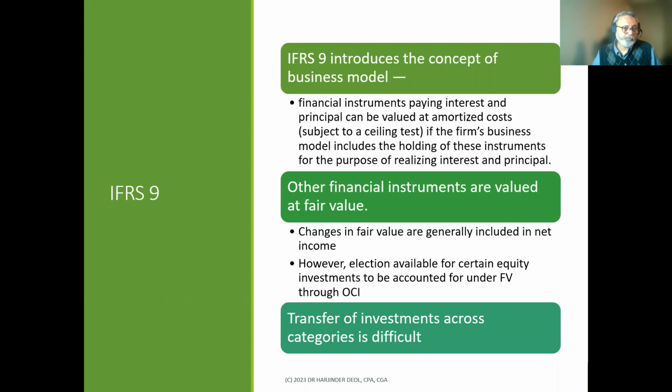Everything else really needs to be reported at fair value. And changes in fair value usually go through net income. And in certain circumstances, they can go through other comprehensive income.